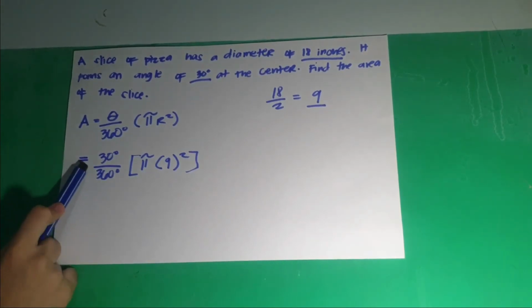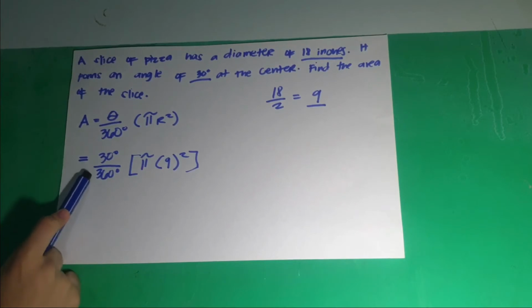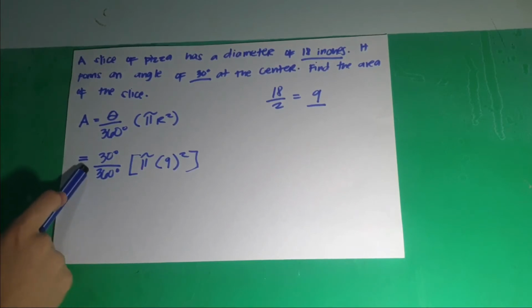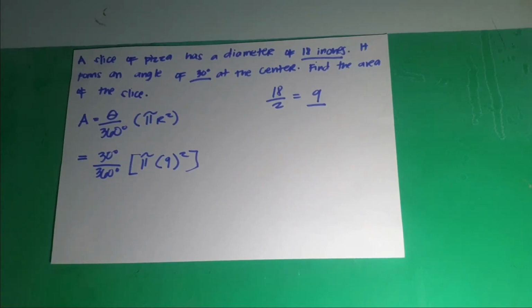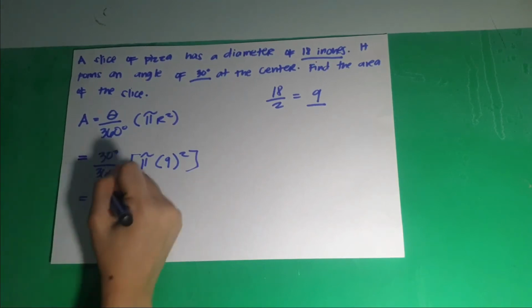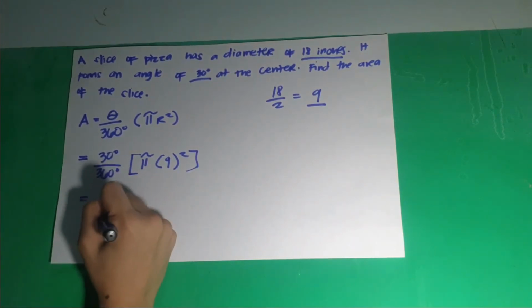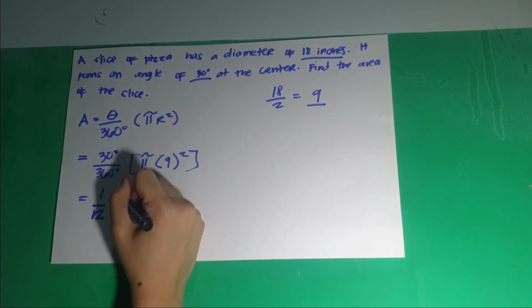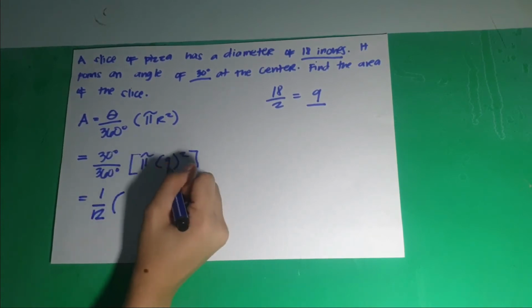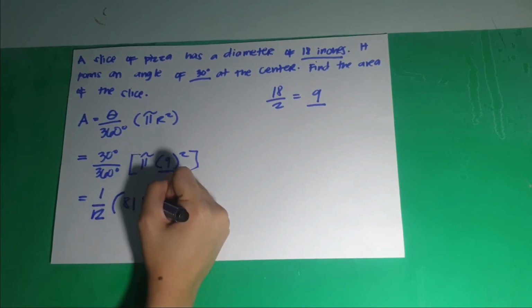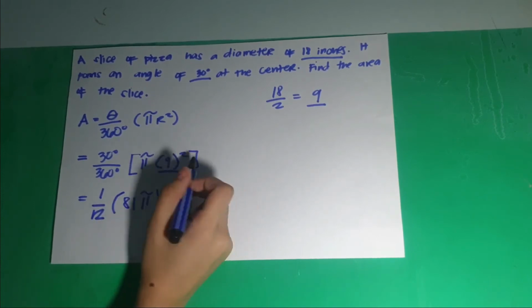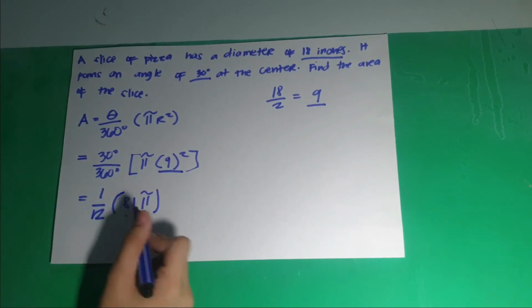Next, we will simplify 30 degrees over 360 degrees by dividing both the numerator and the denominator by 30. So, this will equate to 1 over 12 times 81 pi. 9 squared is equal to 81.